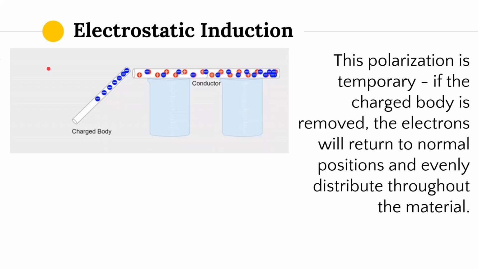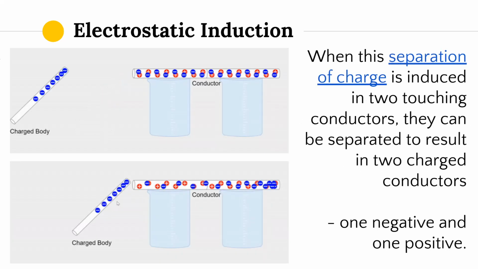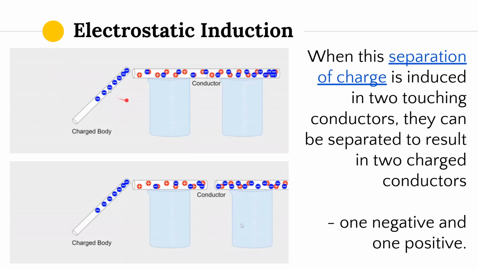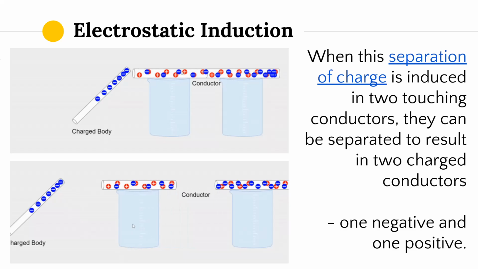But if you want to keep it permanent, you can induce a separation of charge, charging by induction, because you can do this: bring this body nearby, and then separate the two beakers. If you look at the bottom animation, that's exactly what they've done.